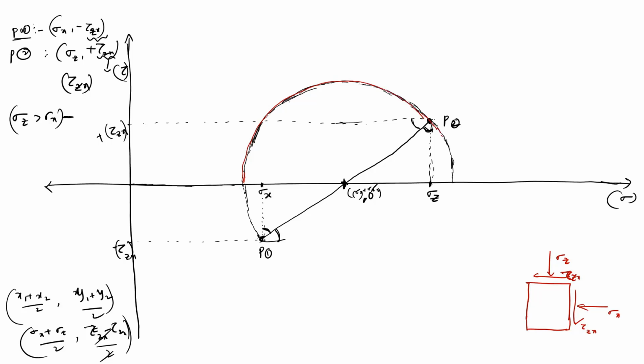This point is also a stress combination, and this point is another stress combination. So let us take this point on the Mohr circle. There the y coordinate is 0, that means tau is 0. Here also the y coordinate is 0.